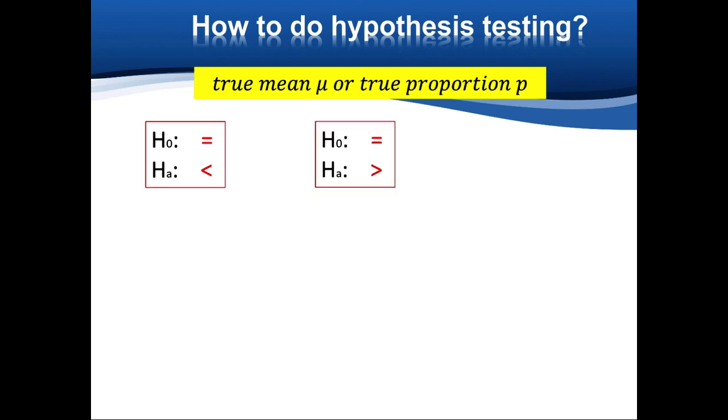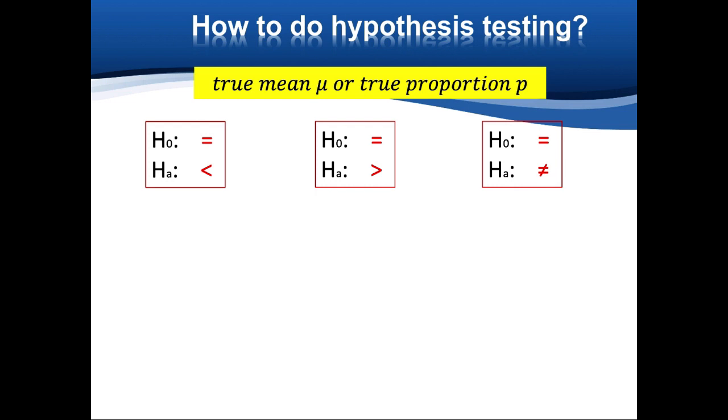Similarly, if the claim is that the mean or the proportion is bigger than, then we write mu or p bigger than in HA. Lastly, if the claim is that there is a difference or equal to a number, we write not equal in HA.